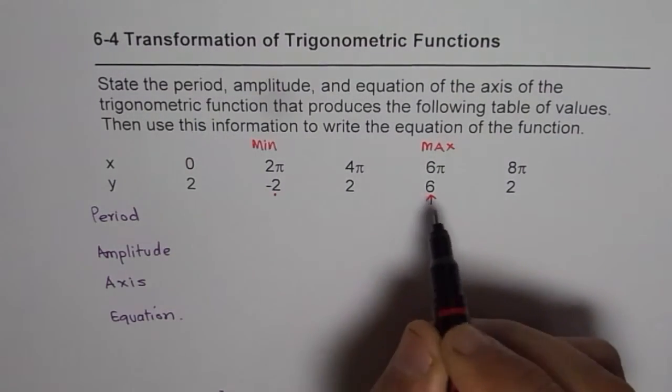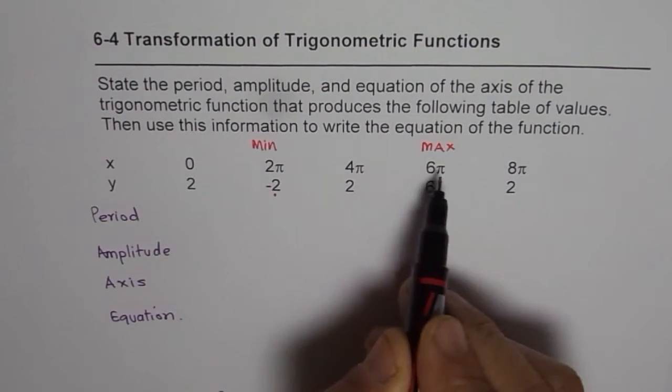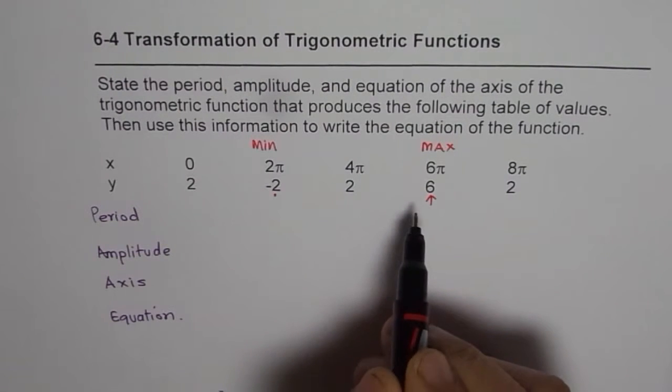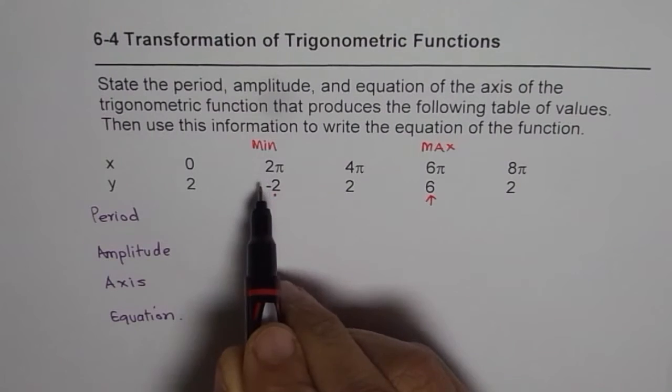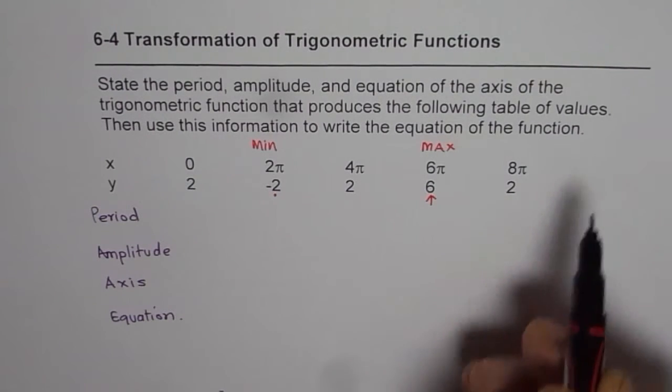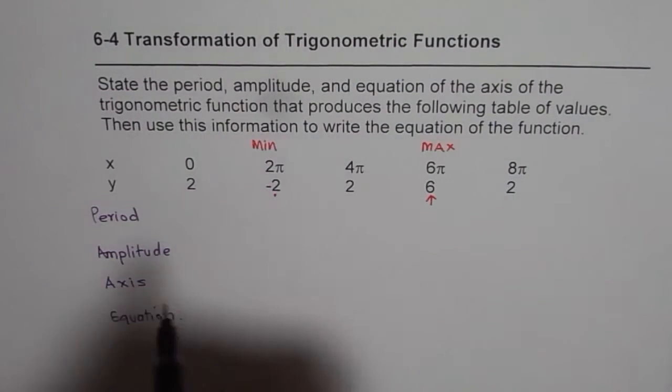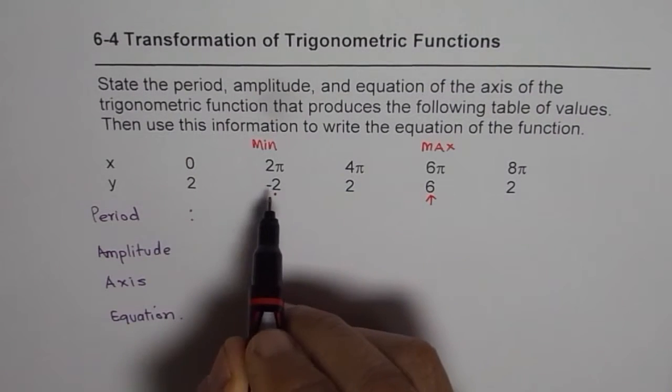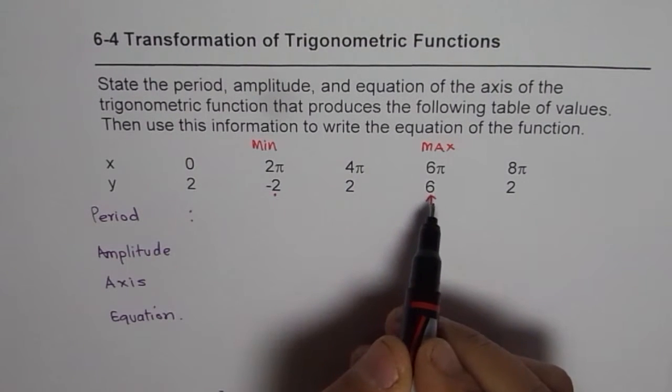The difference between the x values of a maximum and a minimum is half the time period. The difference between two minimums or two maximums is 1 period. But in this case, we are given only one maximum and one minimum, so we can use these two to find the time period.